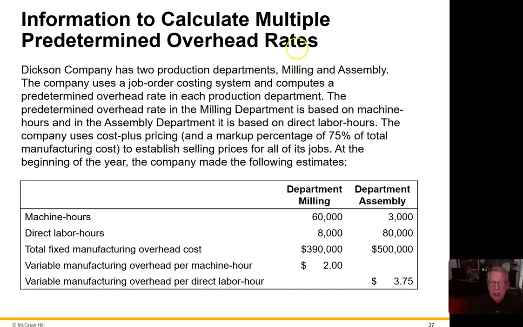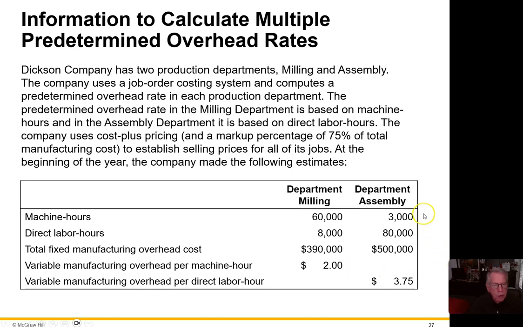At the beginning of the year, the company made the following estimates. Here are our machine hours in the milling department. Here are our direct labor hours in the milling department. Total fixed manufacturing overhead, variable manufacturing overhead per machine hour.